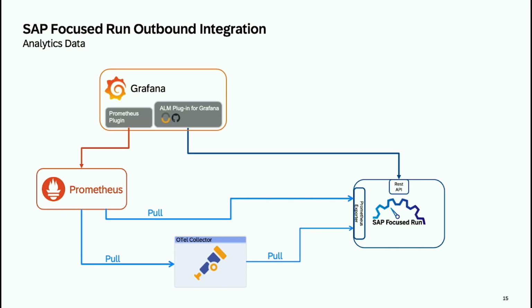So you can either use the plugin for Grafana to periodically build your dashboards, let's say, or you can build dashboards in Grafana using the Prometheus plugin that will retrieve the data directly from Prometheus. In this case, the advantage is that the data is there, so you can configure the dashboard from a data source that is part of the standard installation of Grafana, and also you can keep the metrics, even raw metrics, for a very long period of time.